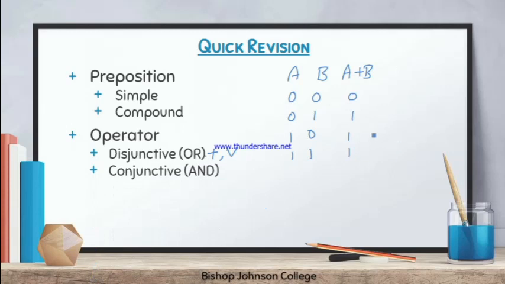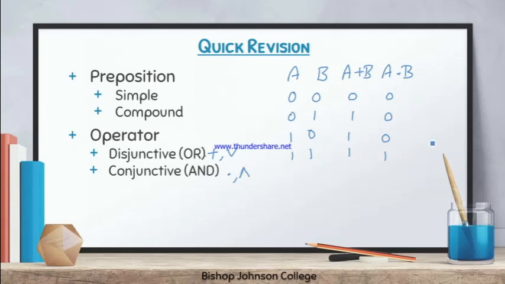Next is conjunction. Conjunction means AND, and it is represented by the symbol dot. In the table, A and B have the same values. A dot B: when both are 1, then the result is only 1. So the result would be 0,0 is 0, 0,1 is 0, 1,0 is 0 and 1,1 is 1.